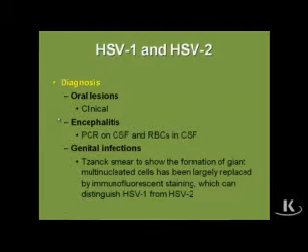And then for genital infections, one of the things I mentioned to you before is that we can actually look for those giant multinucleated cells. The giant multinucleated cells, remember, are also called syncytia, and there is a specific smear that's called a Tzanck, which starts with a T, but the T is silent, a Tzanck smear that will show the giant multinucleated cells.